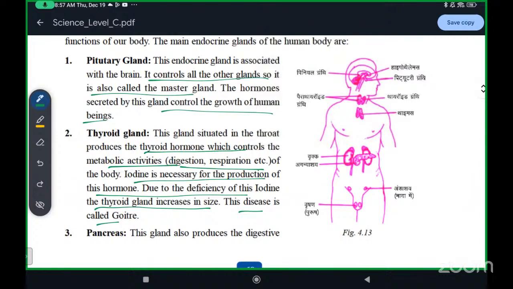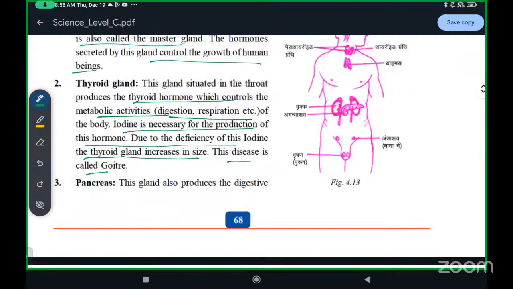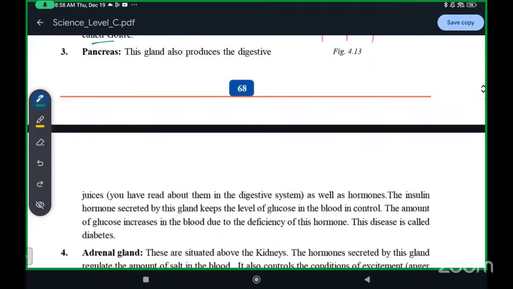That is the function of the thymus gland.